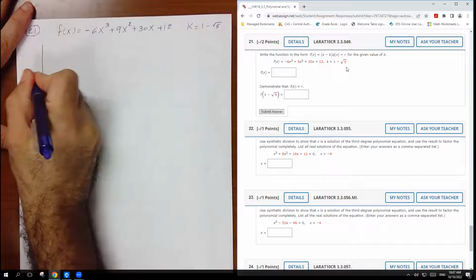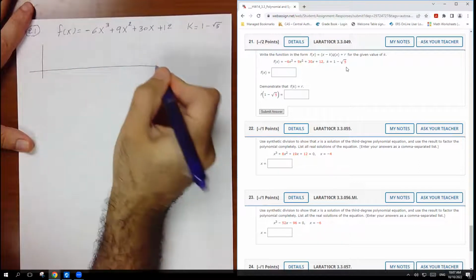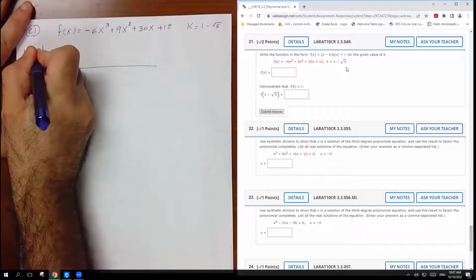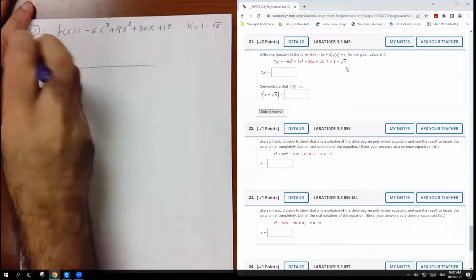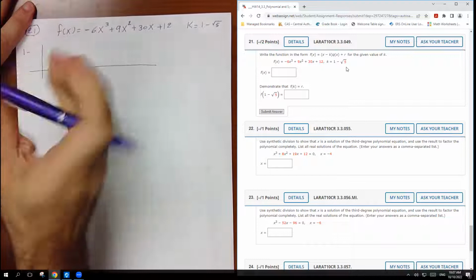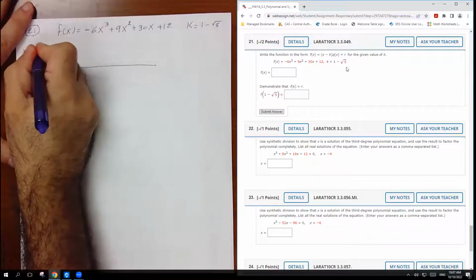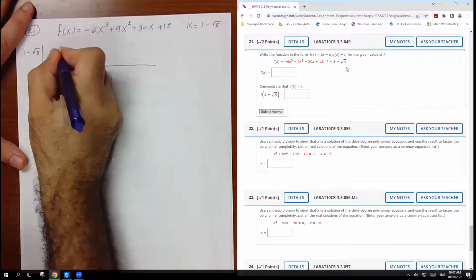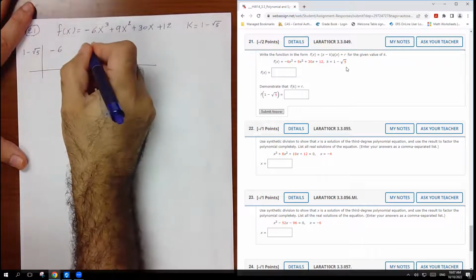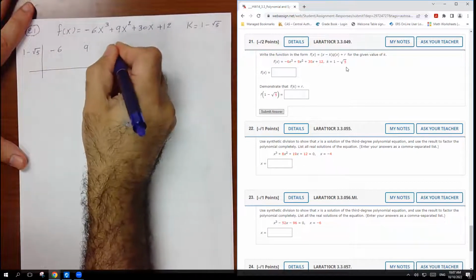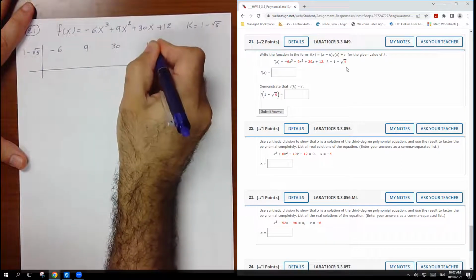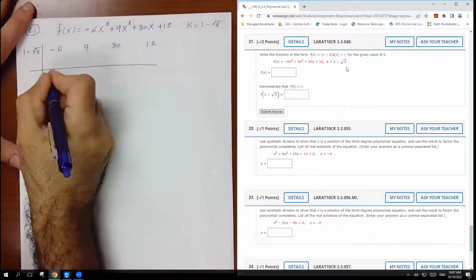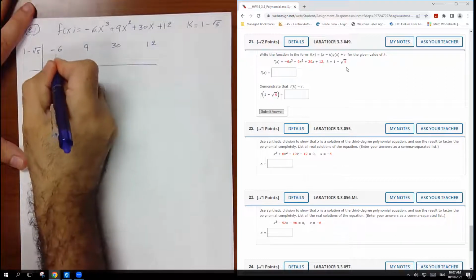So what I'm going to do here is synthetic division. I'm going to write down 1 minus the square root of 5, and write down the coefficients on the other side. The coefficients are -6, 9, 30, and 12, because there is no missing term. Now the first number, just write down -6.